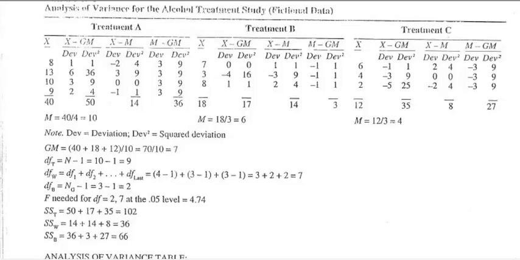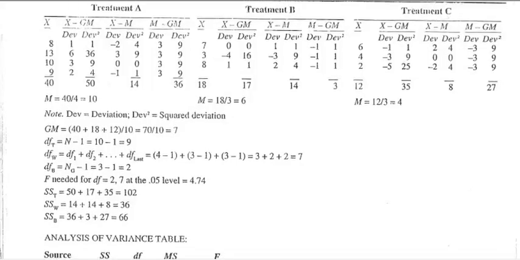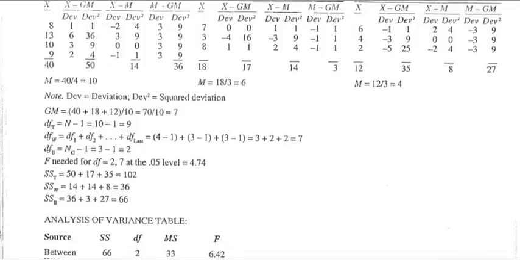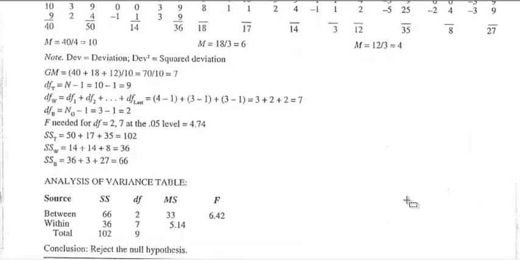The next thing that we do is go from these estimates of sums of squares to our estimates of population variance. So we are now creating this analysis of variance table, where we're listing our sums of squares between, our sums of squares within, and our sums of squares total.